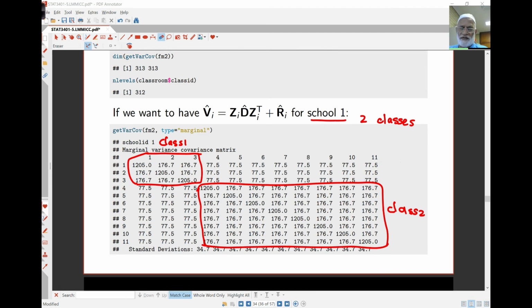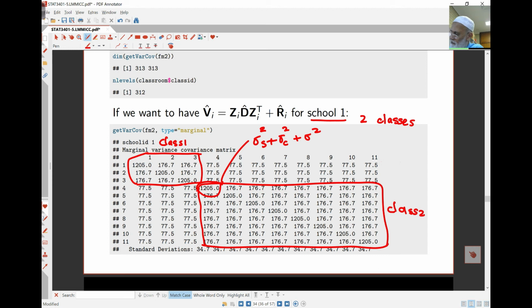for those 2 classes, the diagonal elements in each case will be the same, as you can see from here. That diagonal element is going to be sigma squared for school plus sigma squared for the classroom plus the error term. That's the first one.